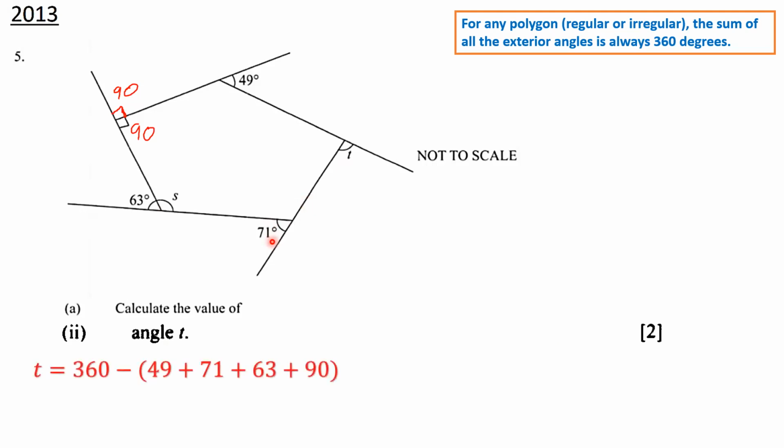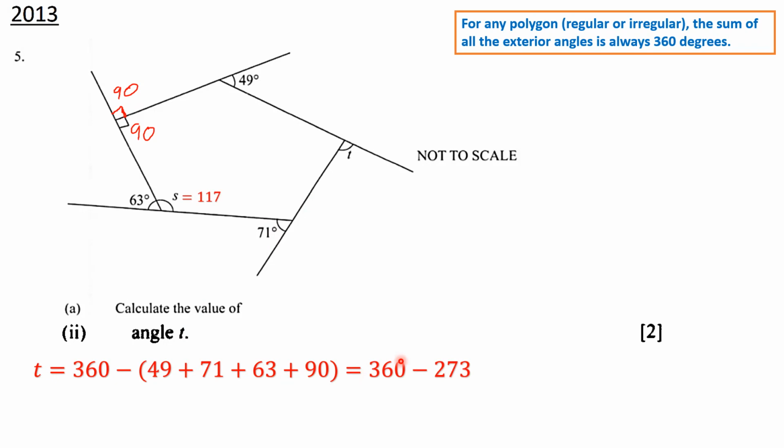So 49 plus 71 plus 63 plus 90 is equal to 273. So we have 360 minus 273, and let's subtract.